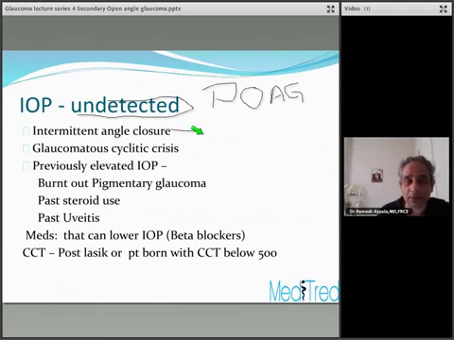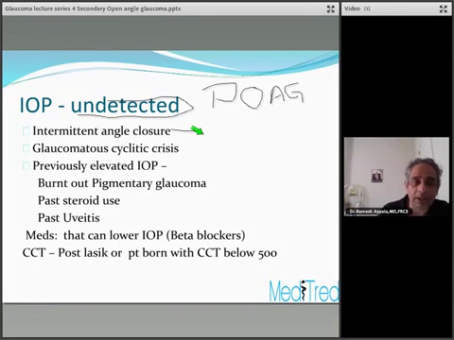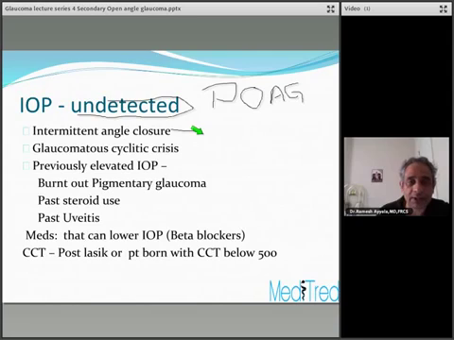You will see the angle is extremely narrow, with likelihood of scattered PAS formation or pigment deposits in the angle corresponding to where the iris is rubbing against the angle during the intermittent attacks, and the history of angle closure, including headaches, seeing halos around light, and temporary loss of vision, would indicate intermittent angle closure.